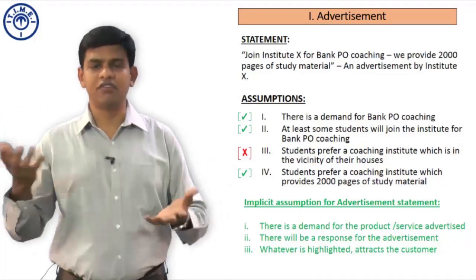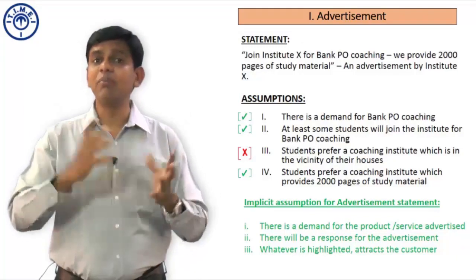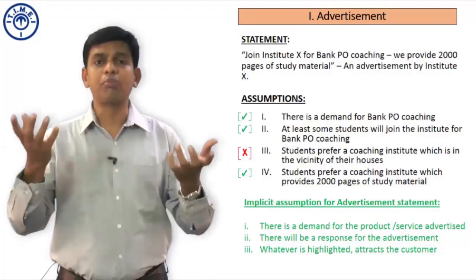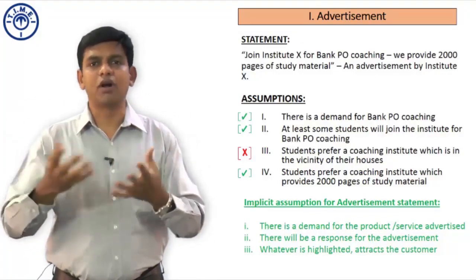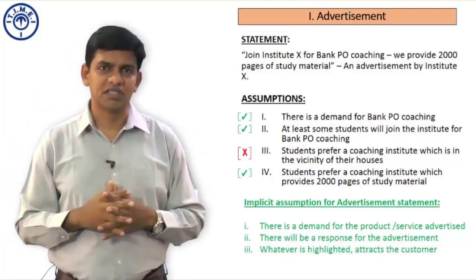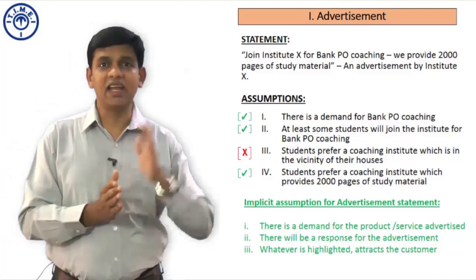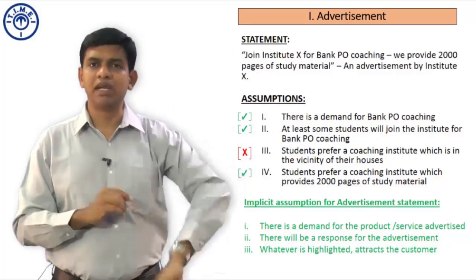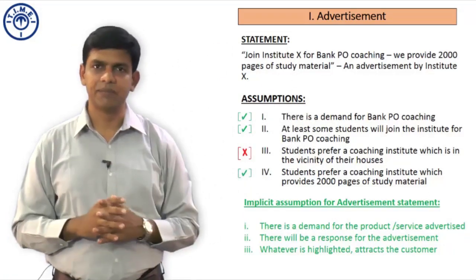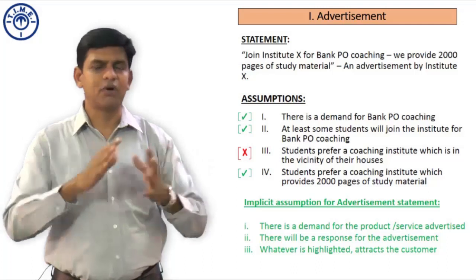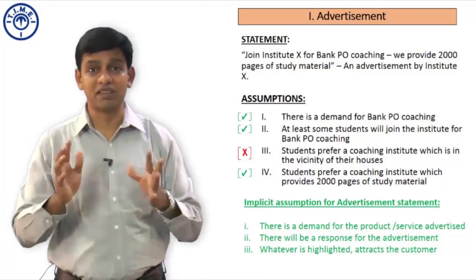At least some of them, if not all of them. So there will be a response to the advertisement, or people will accept the product that is given. So those are the assumptions that are given. That means this is there in the mind of the speaker before he made this statement, which is an advertisement, isn't it?